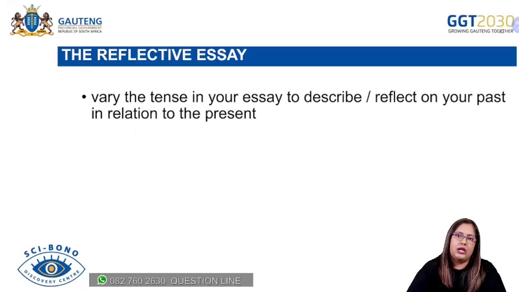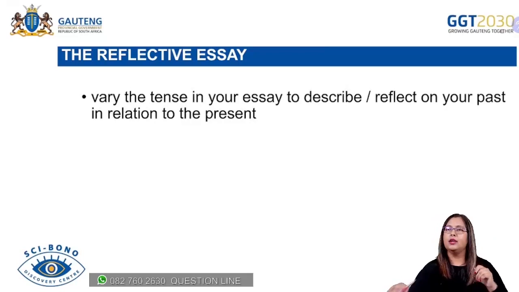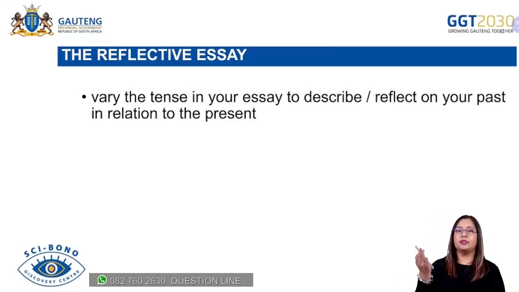Then please, grade 12s, make use of this aspect where you can vary your tense in your essay. You can reflect on your past in relation to your present moment. In other words, you are where you are right now because of things that have happened in your past. So you have the opportunity in the reflective essay to look at that.